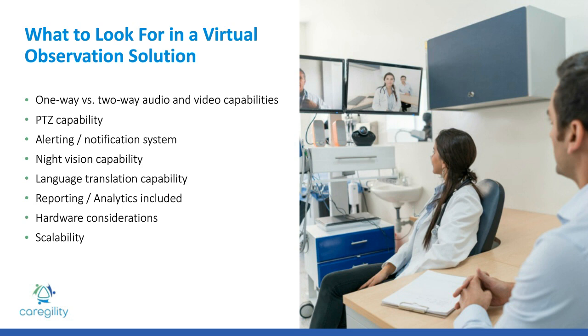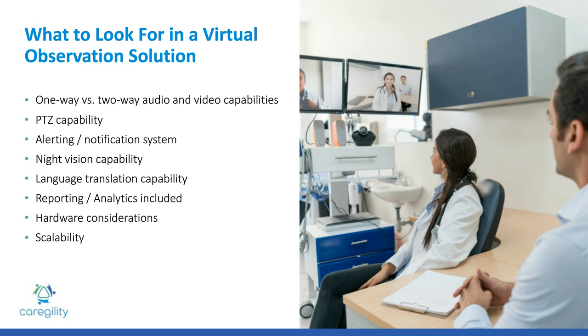So having some way to alert those folks at the bedside that they need to get to that room urgently is of the utmost importance. I just don't think that phone communication is the best way because it's not really prioritized for virtual observation.